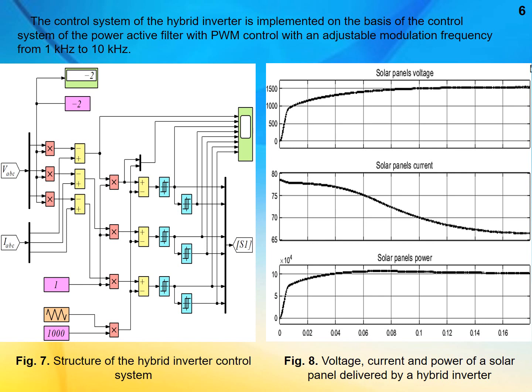Transient processes of current, voltage and power of solar panels at the start of the solar inverter are shown in figure 8. As can be seen, the voltage of the block of solar panels increases from zero during startup.